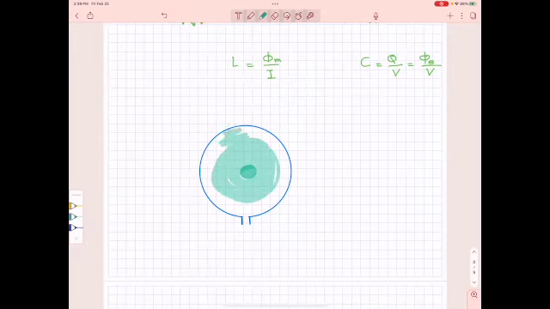Let me do that first. So practically, it's going to be all here, but most of the contributions near the wire cancel out, and all of the contributions will come from here.